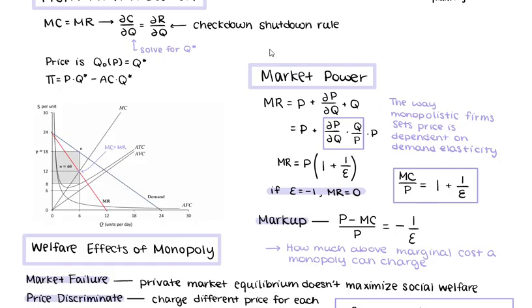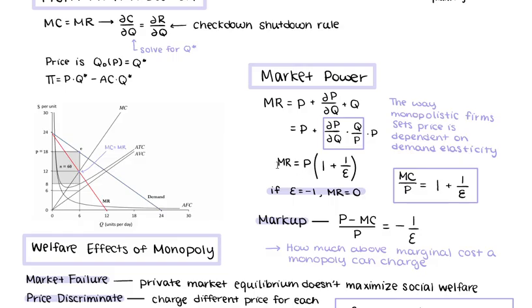Okay, so how does a monopolist get market power? The revenue equals this already, and we can differentiate with respect to Q. We change it to Q over P times P, and we find it is the inverse of epsilon, which is the inverse of elasticity.